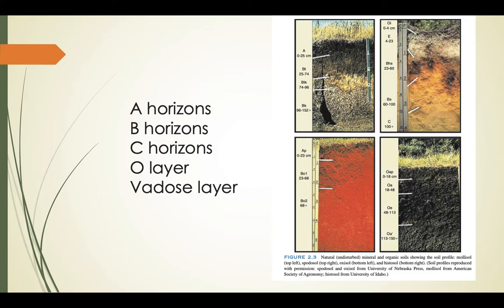This layer is unsaturated. The parent material is expected to be found here downward. Then eventually it reaches the water table, and the soil becomes saturated with water.